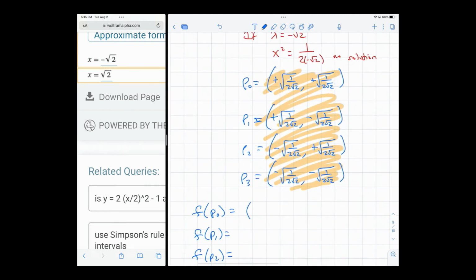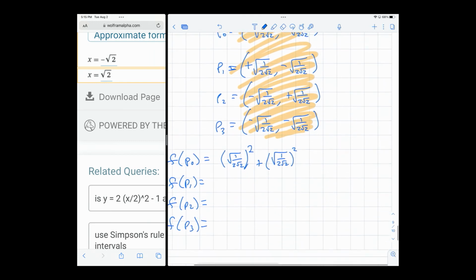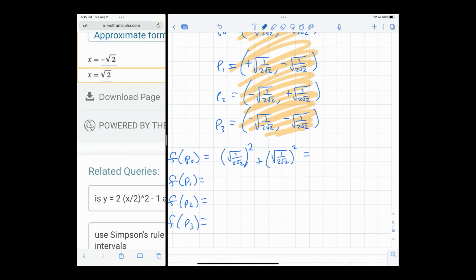So it would be square root 1 over 2 root 2, squared, plus square root 1 over 2 root 2, squared, which is 1 over 2 root 2 plus 1 over 2 root 2, which should just be 1 over square root 2, I think.